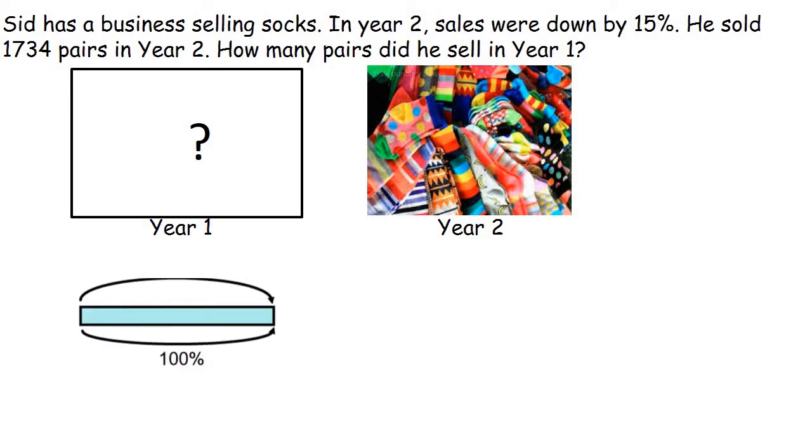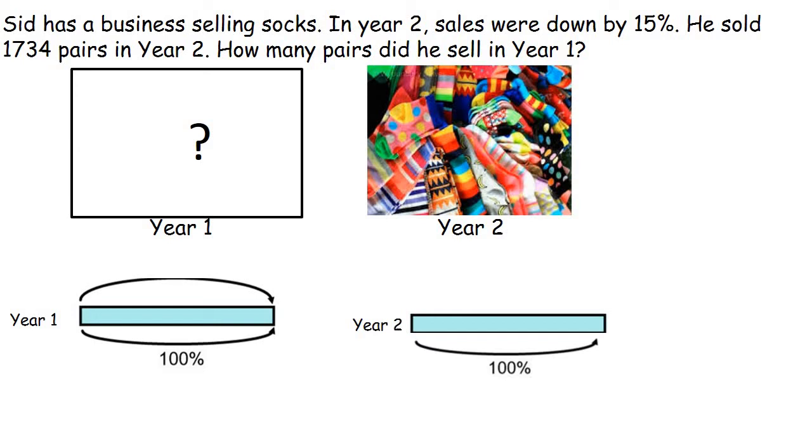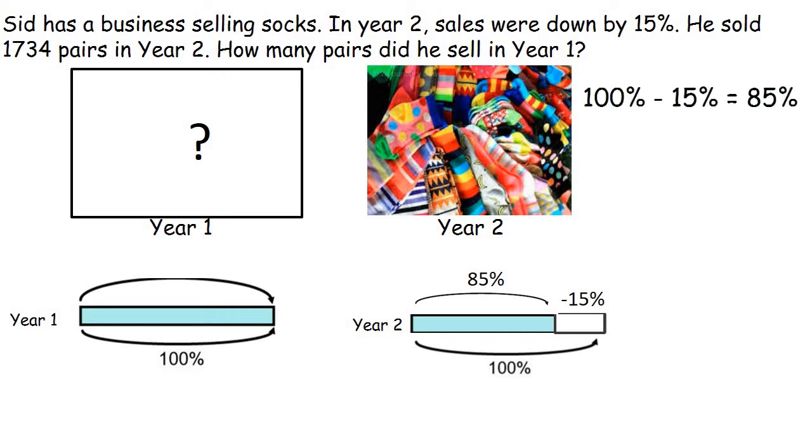Year 1 is 100%. Year 2, however, is smaller this time because it's gone down by 15%. So if we think of that as 100%, the original, and then we take away 15%, we're left with 85%. So the new percentage is 85%, and we know that that is equal to 1,734 pairs of socks.